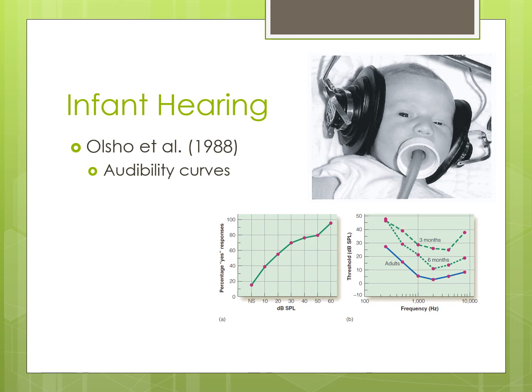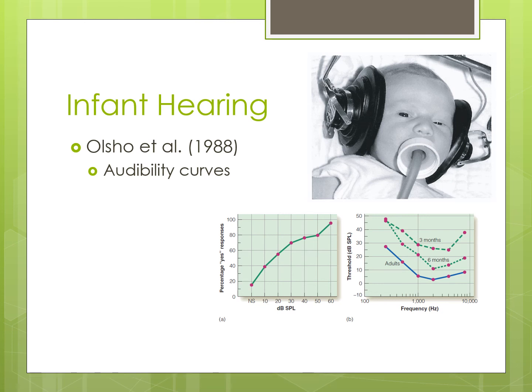And so if we do that and we look at the threshold for infants, where as we go lower we're getting more sensitive, at 3 months old they're really not as sensitive as adults. At 6 months old, we can see that they're developing in their sensitivity, and that really stays about at that level until almost a year old. And again, there's still some development of the eustachian tube for a little while that slows the development of audibility thresholds.